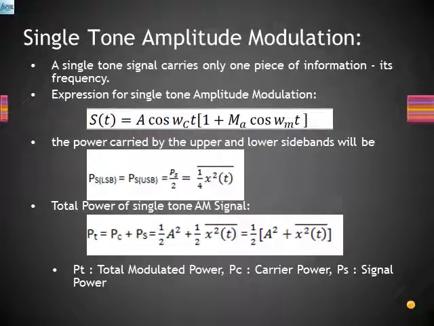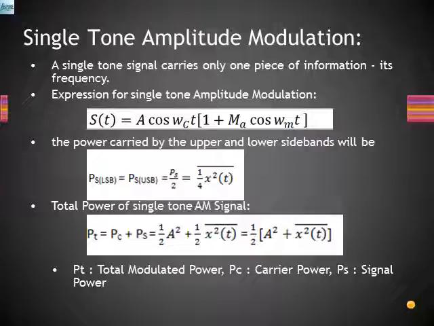Now we will discuss some important formulas on which questions may be asked in the exams. First, we have the expression for single tone amplitude modulation, and it is expressed as s(t) equal to A cos omega_c t [1 plus m_a cos omega_m t].